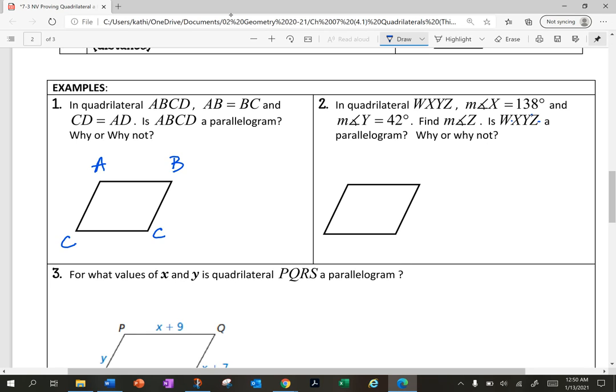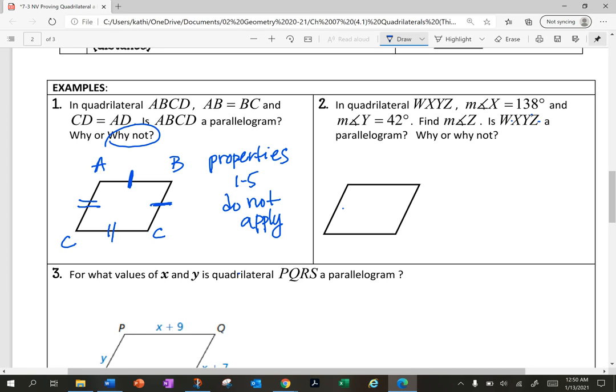AB is congruent to BC, and CD is congruent to AD. So no, it is not a parallelogram, because properties 1 to 5 do not apply. This is not one of the 5 properties that we just talked about.